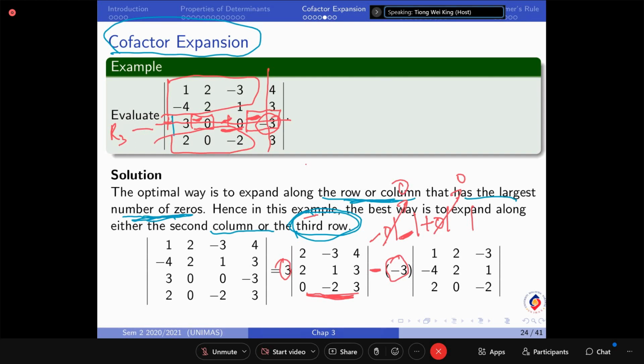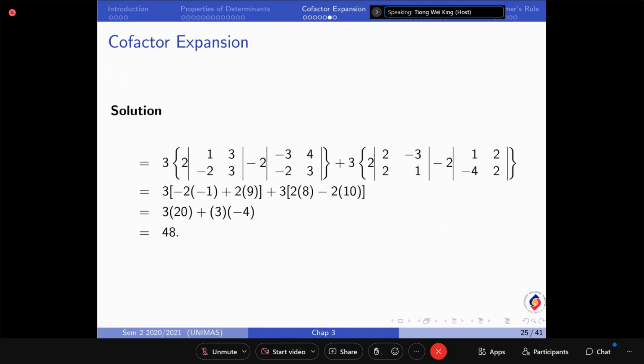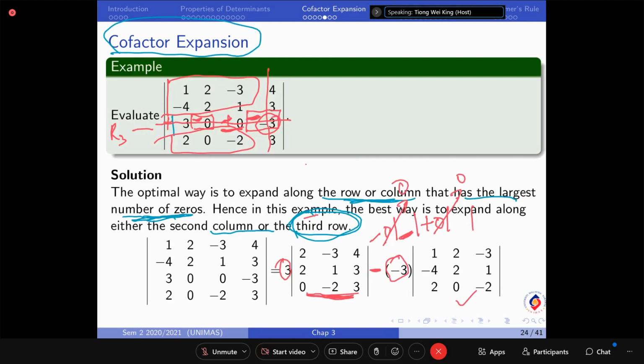So this is your submatrix, a 3 by 3 matrix. Because the method says we need to use the cofactor expansion, you need to do the same thing with these two matrices as well.